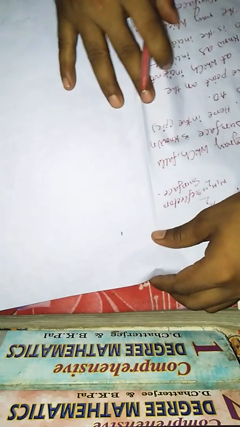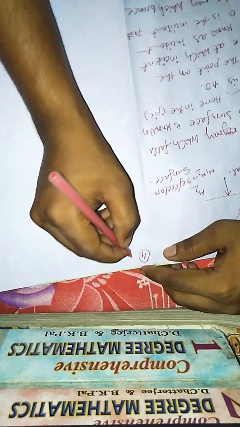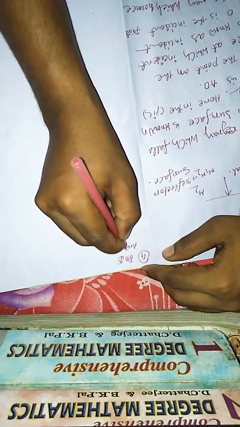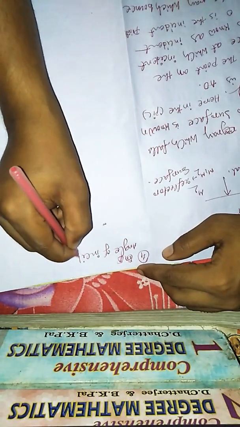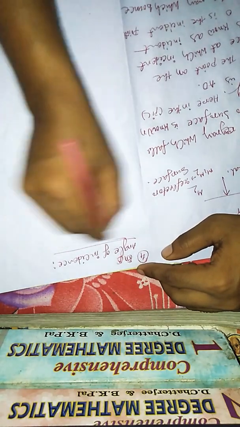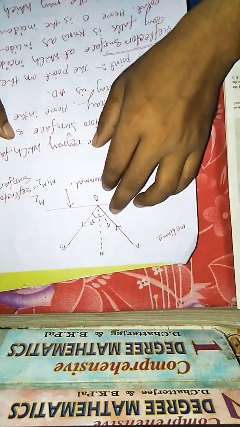Now our another definition, definition 4, is the incident angle, or you can say angle of incidence. What is the angle of incidence? Let's look at the picture.